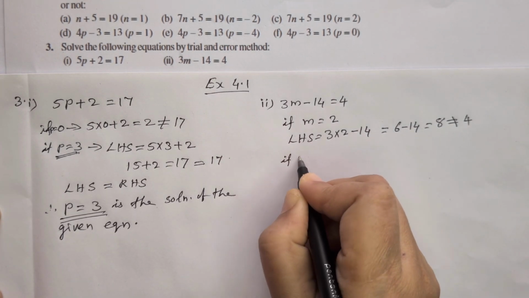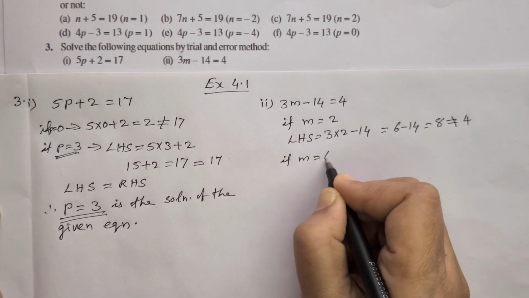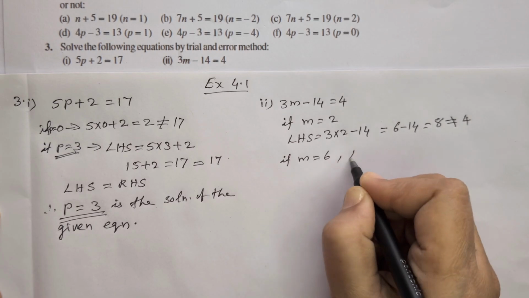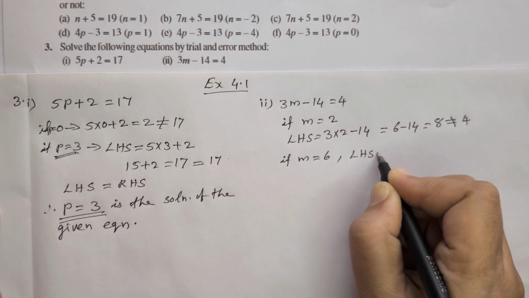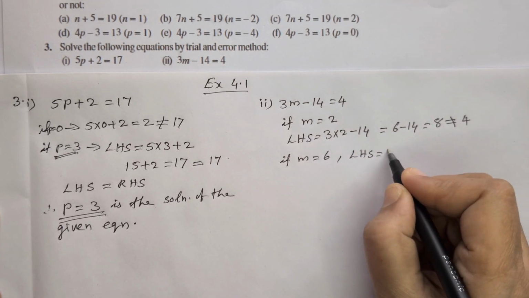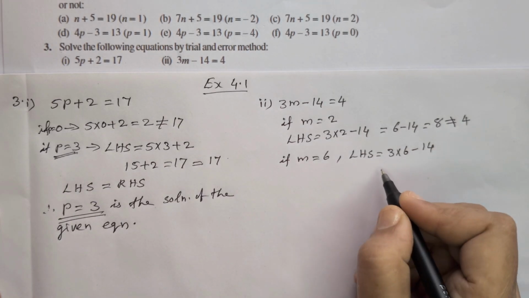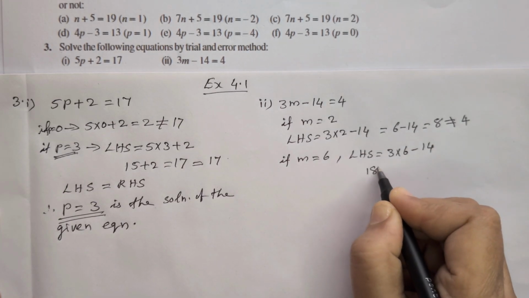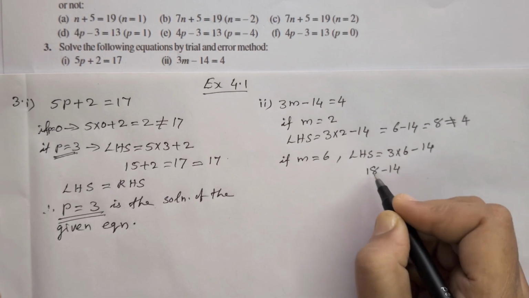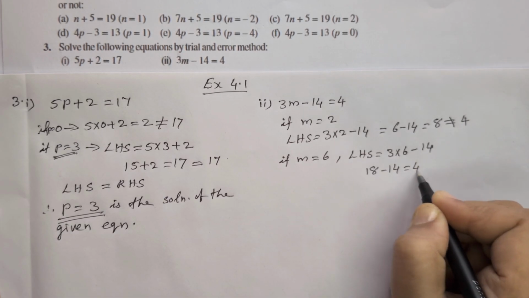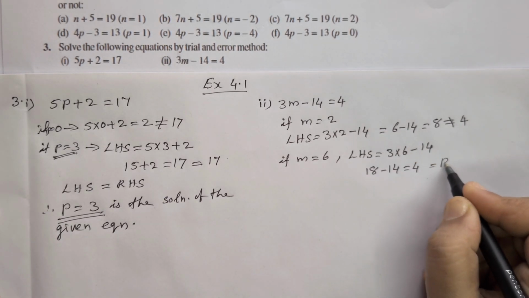Then we can try another number in the same way. If m is equal to 6, then LHS is equal to 3 into 6 minus 14. 3 into 6, 18, minus 14 means 18 minus 14, which is 4. That is the same as the right side answer.